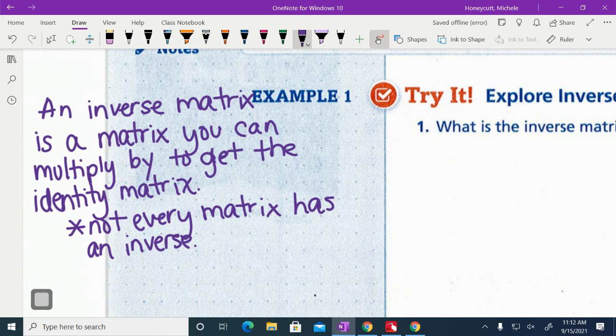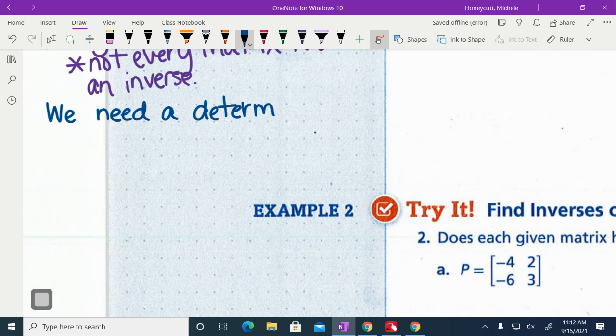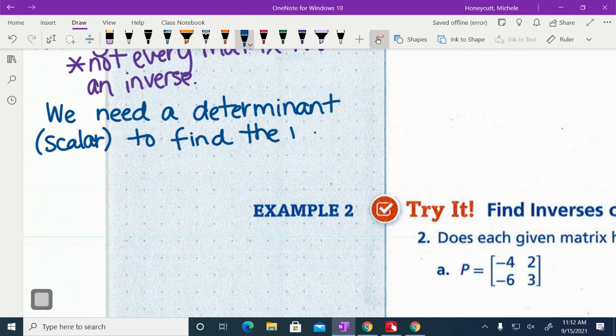We're told to find an inverse, but in order to find an inverse, we need something called a determinant, which is a scalar number, which is just a number, to find the inverse. And there is a formula for the determinant.